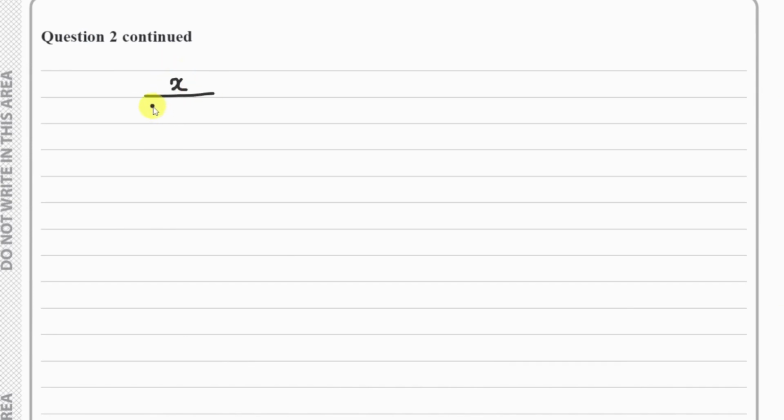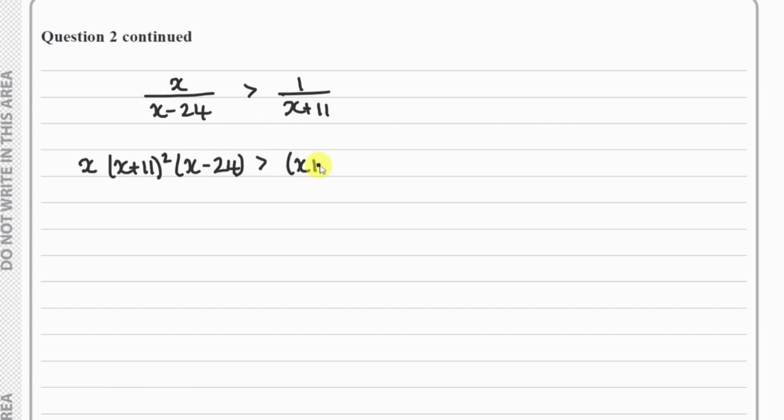We've got x over x minus 24, and that's greater than 1 over x plus 11. Multiplying by those two denominators squared, I'm going to get x times x plus 11 all squared, because multiplying by that square is going to cancel that denominator. Over here, I'm going to be left with x plus 11 and then x minus 24 squared, because the x plus 11 is cancelled with that denominator.